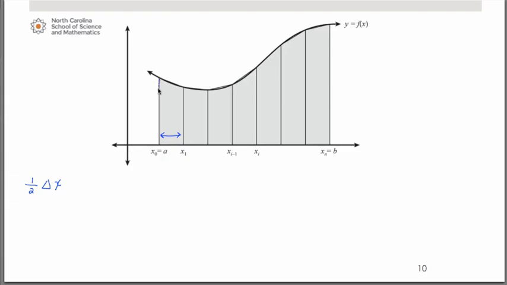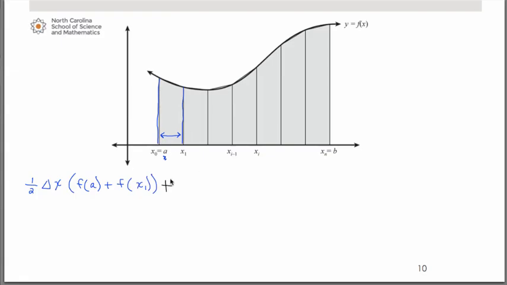Now the top base of this first trapezoid is given to us by the function value at a. So we're going to designate it as f of a. Plus, now we need the bottom base, whose length is given to us by f of x sub 1. So that's the first trapezoid.